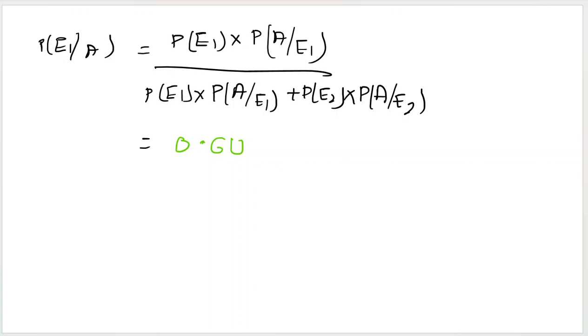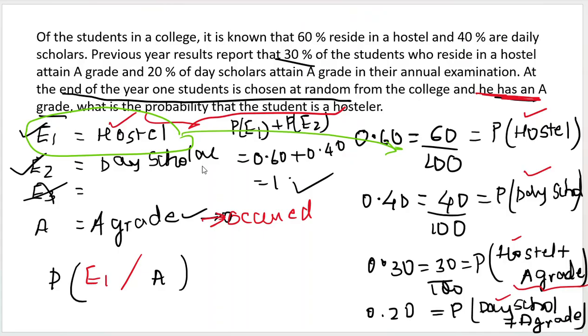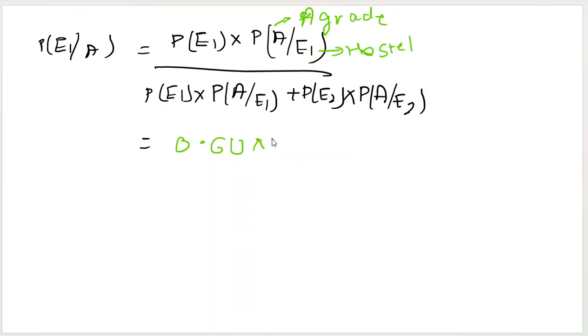Now we want probability of A given E1. If you recollect, event A is nothing but A grade, and event E1 is hostel. So we insert 0.30 over here.